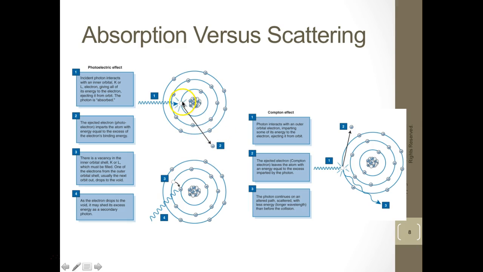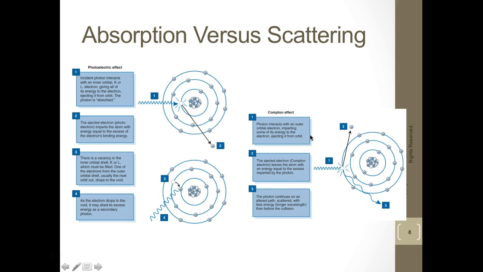So it's absorbed and it ionizes the atom and it ejects out an electron we call a photoelectron. Then there's a vacancy in the K or L shell, and an electron from the outer shell drops down into the lower shell, giving us a cascade effect. So we have a characteristic cascade.